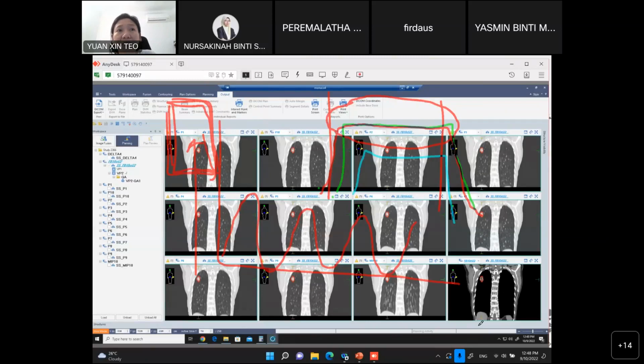It means the device will track the patient's body surface. If the body moves a little bit from what we captured the first time, the machine will automatically pause the treatment until the patient is back to the captured position. That is what we call SGRT.